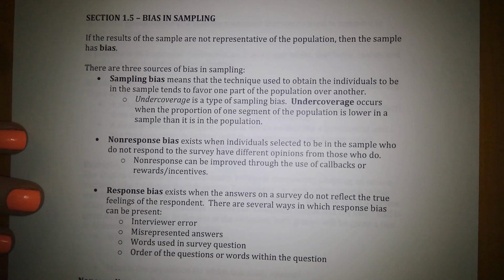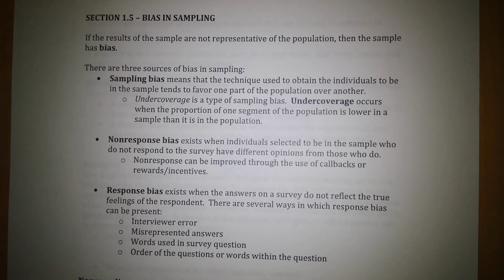So now I'd like to talk a little bit about bias within each of those typical samplings. In bias sampling, you're going to notice that there are 3 different types. The first one is sampling bias. This means that the technique that is used to obtain the individuals in the sample tends to favor one part of the population over another.